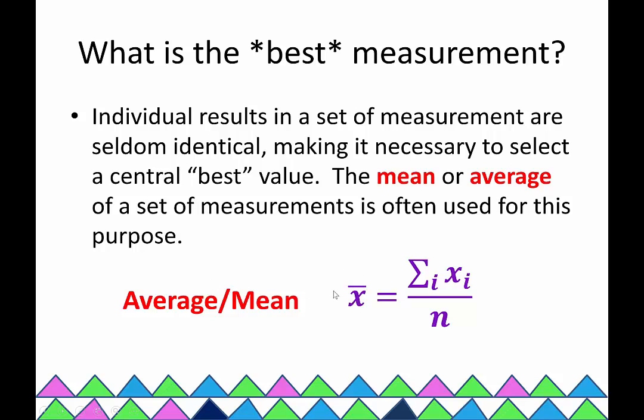All an average is, and you're probably all familiar with this, is the sum of your individual results divided by the total number of trials, which in this class we're typically going to label as X bar.